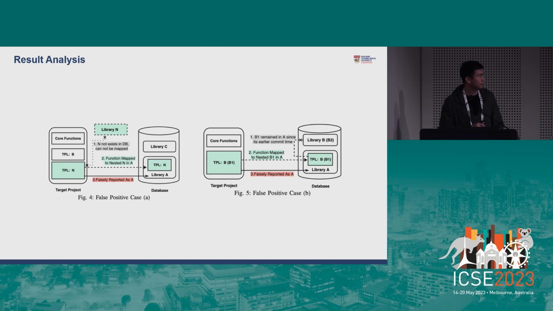When we are lacking one library, for example library N, if we don't collect it in our database, we will take the part of the code of the TPL in library A as their core functions. In this way, we will still forcibly report library A as a dependency of the target project. And the version problem is similar.